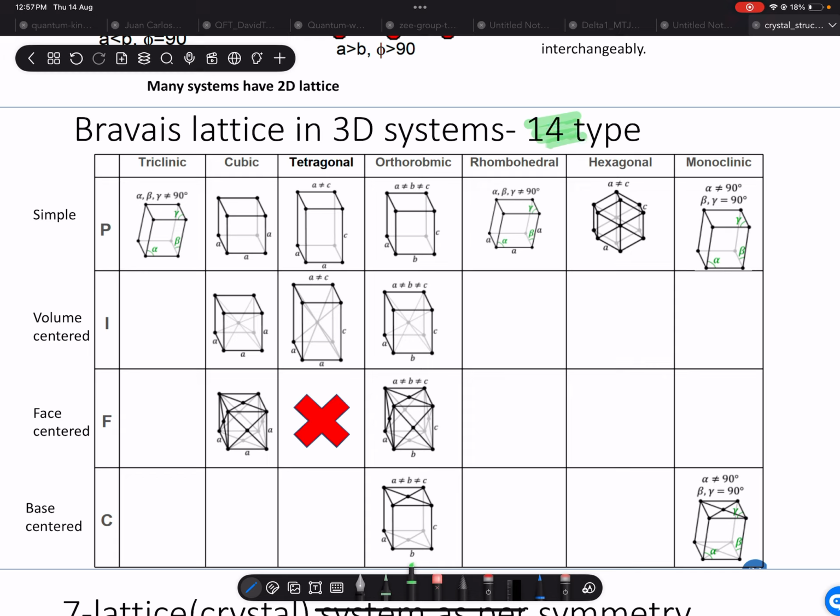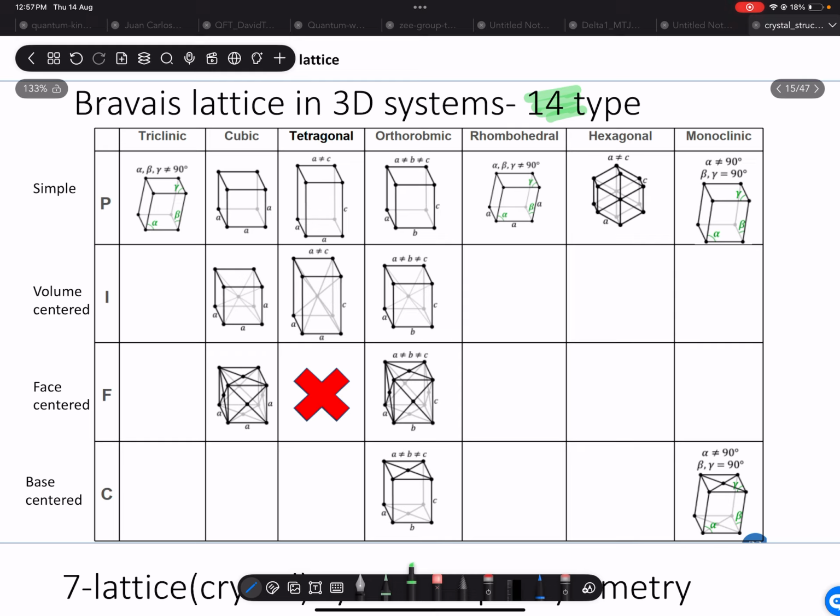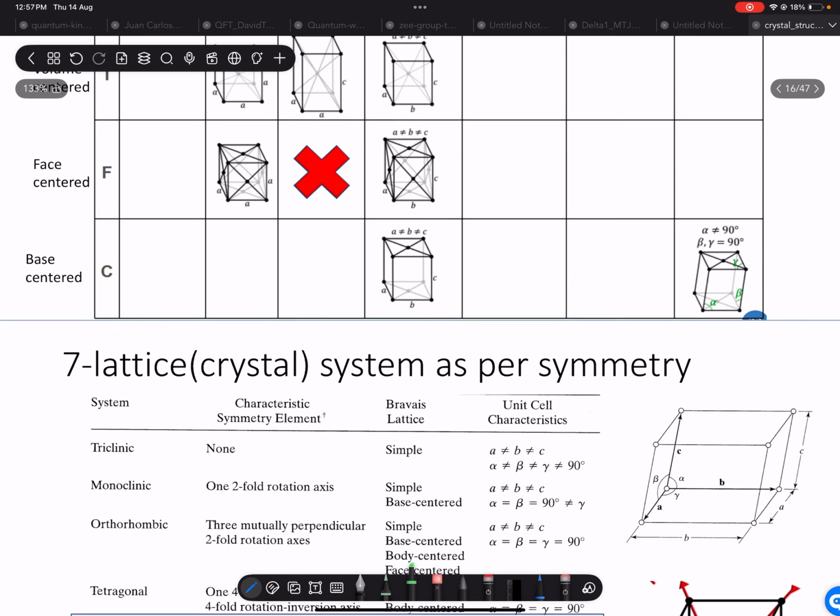All the lattice points in the world shall be in one of these 14 Bravais lattices, right? So we are talking about this abstract concept called lattice, in which each point has the same environment. I'm not using the word atoms, it's points in the lattice, right?